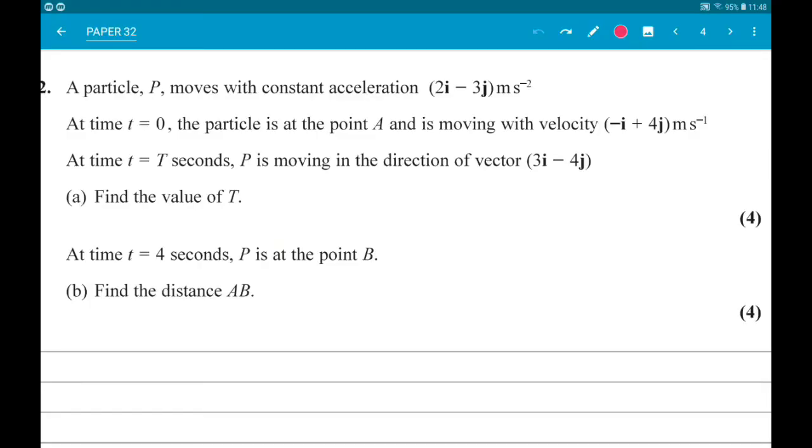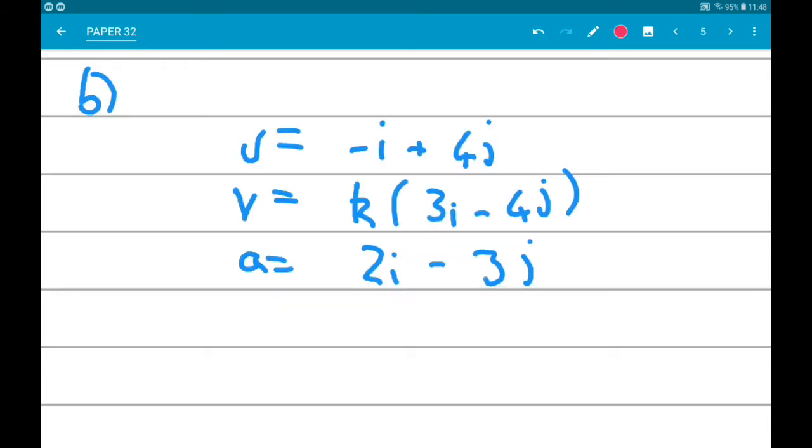At time t is 4, P is at point B. Part B, find the distance AB. Alright, so this time then we want to work out displacement after 4 seconds.